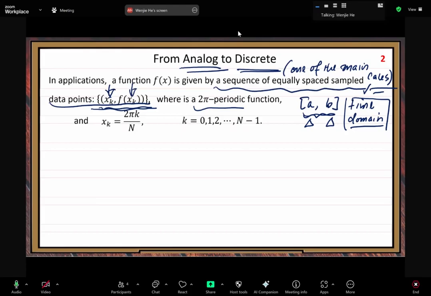For an image, we also have that. The domain is a 2D domain, the area that you work on.